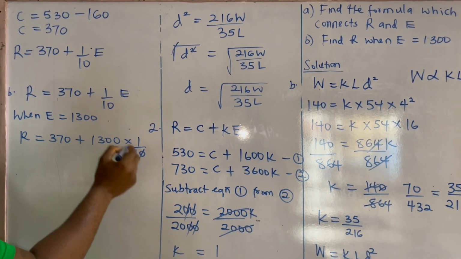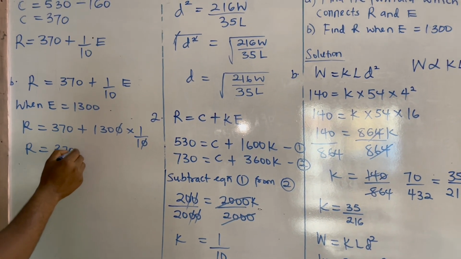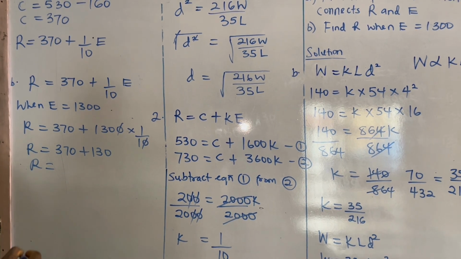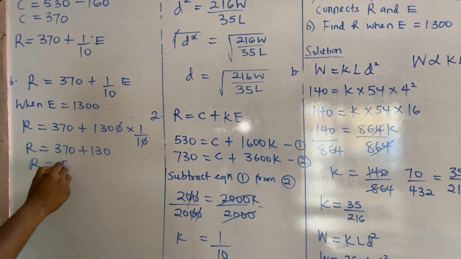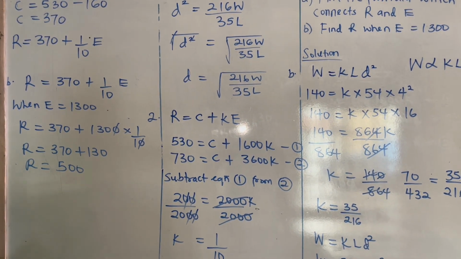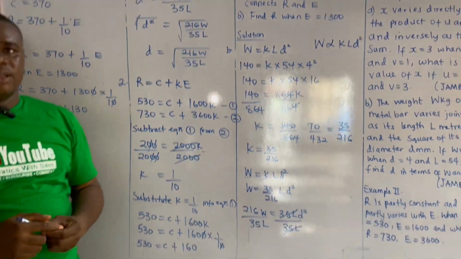So 0 cancels 0. So this will give us R is equals to 370 plus 130. So R in this case is 370 plus 130, which will give us 500. So R is 500 when E is equals to 1,300.